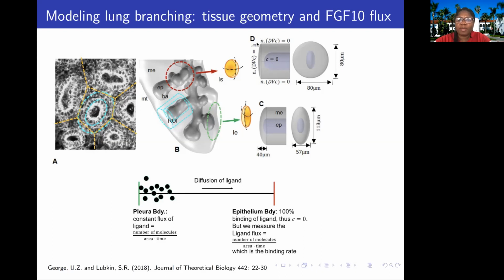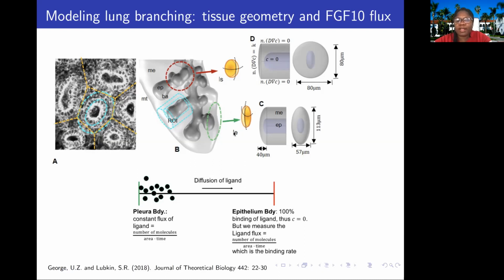Now on the top here, we assume that we have a flux K, where we specify a particular amount of flux and call it K. So what is different in these two models is we look at a dimension that is fairly similar to what we would find in a real embryonic mouse lung.